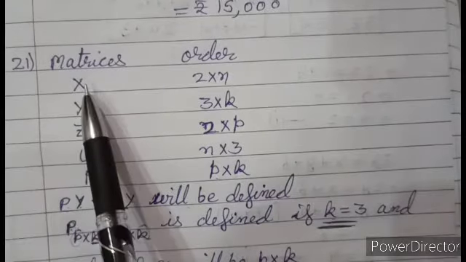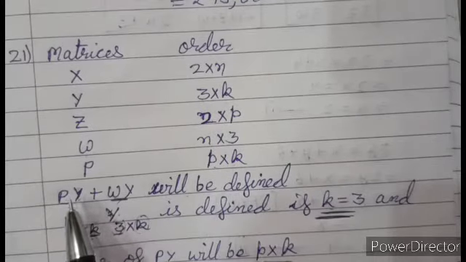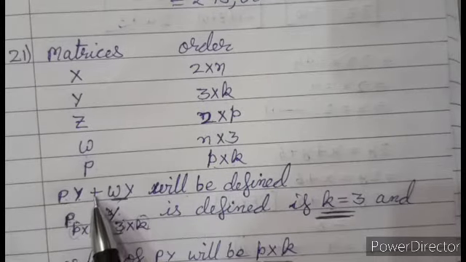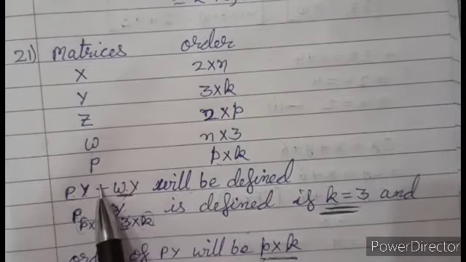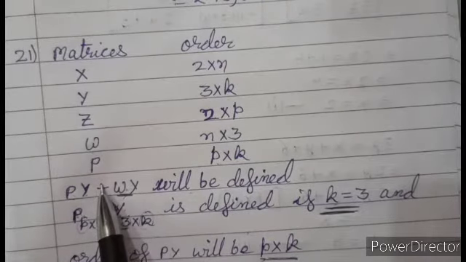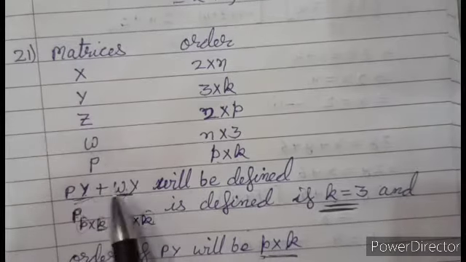Now orders of matrices X, Y, Z, W and P are given to us. He is saying that PY plus WY will be defined. We have to find the restrictions on n, k and p. Now PY, we will take first of all this separately.